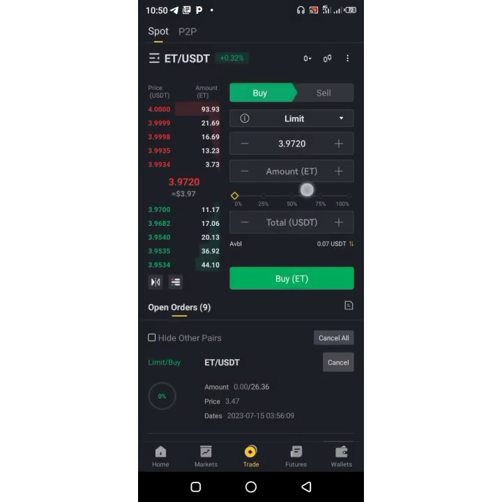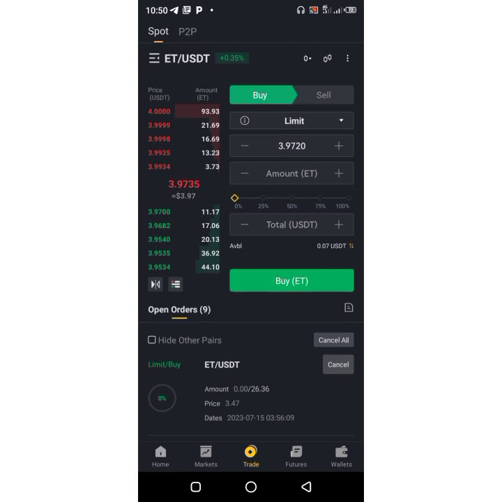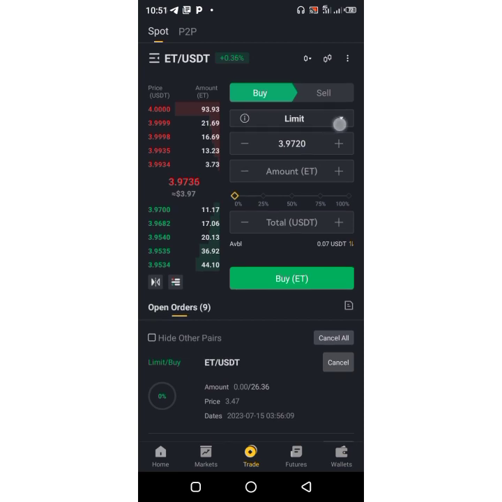You see here we have market price and limit price. This limit price is telling us that you can set your desired price you want to buy, and you can also set your desired price to sell.